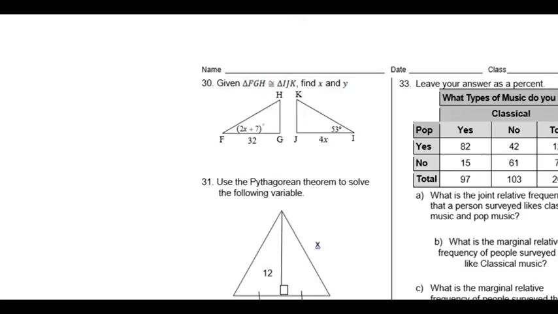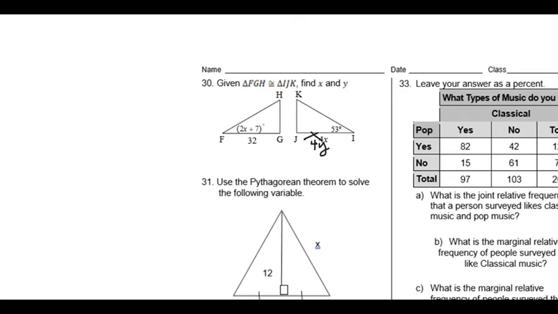Number 30. These two triangles are congruent, and we did need to change this to 4y instead of 4x because they are asking us to solve for x and y, and that was a typo there.